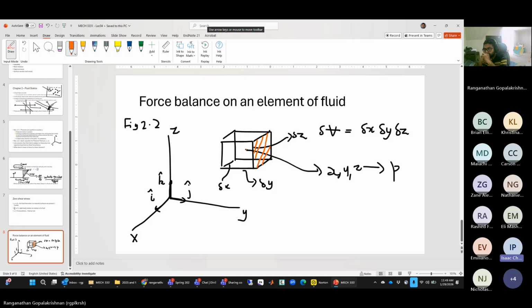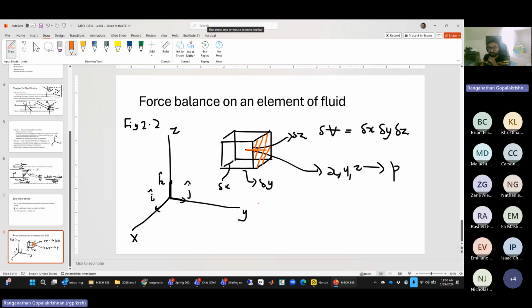We're trying to find the pressure on the shaded ZX face. The shaded face is normal to the y-axis. If I travel from here towards this face, I'm traveling parallel to the y-axis.